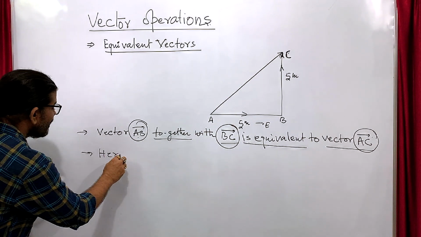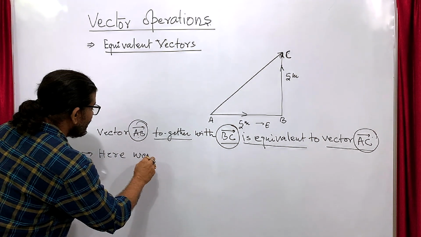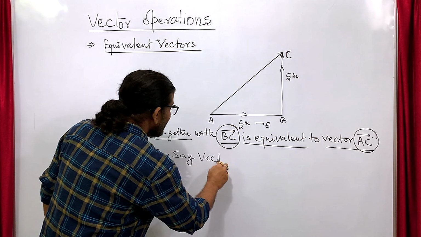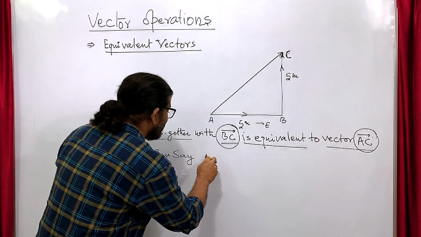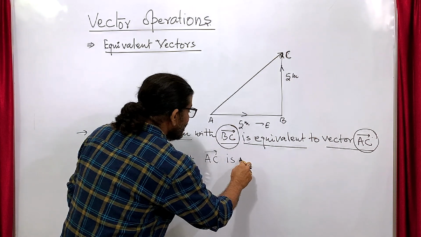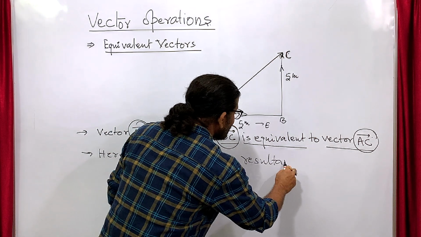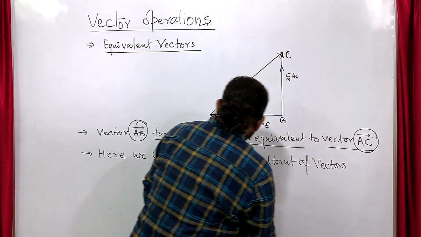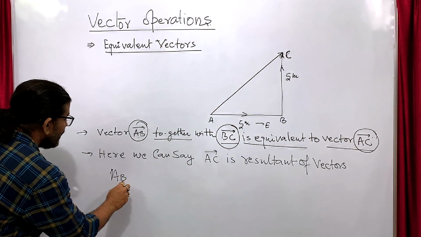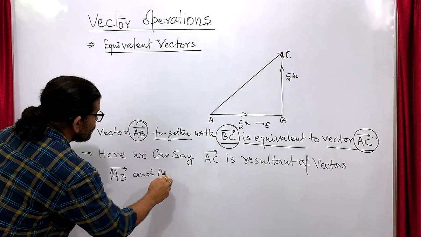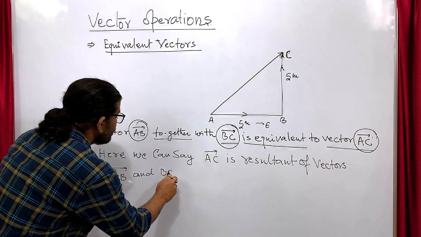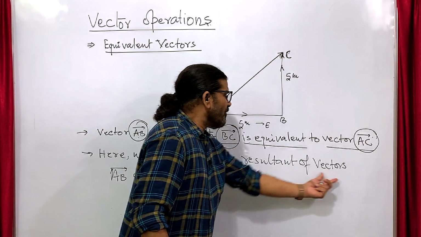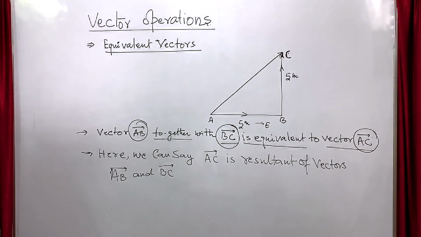Here we can say vector AC is the resultant of vectors AB and BC.